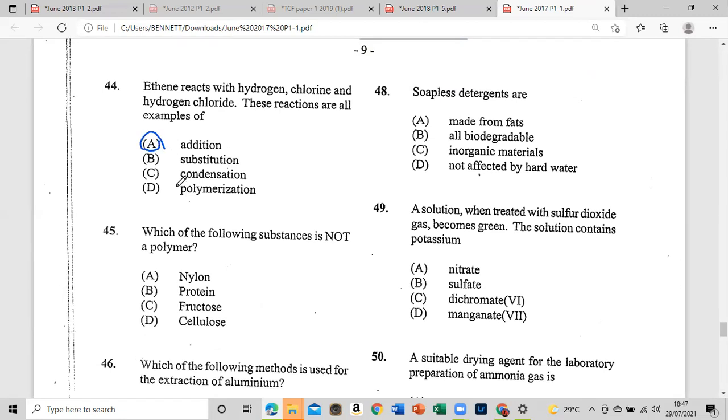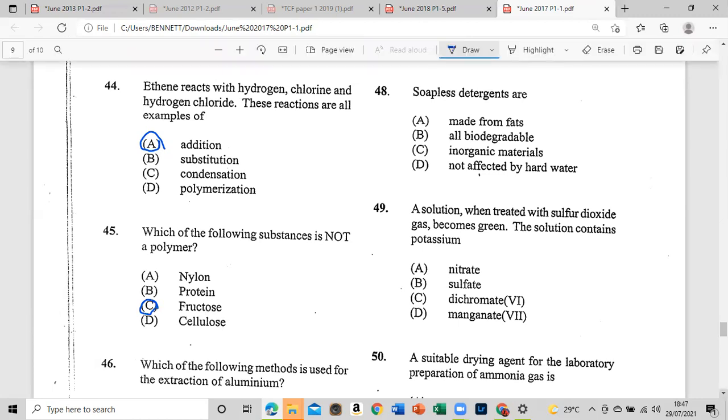Number 45. Which of the following substances is not a polymer? Is it nylon, protein, fructose, or cellulose? 45 is C, fructose. On to 46, that one is also new. Pay attention.